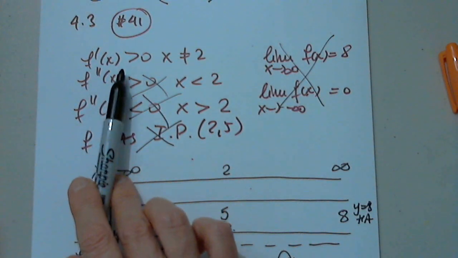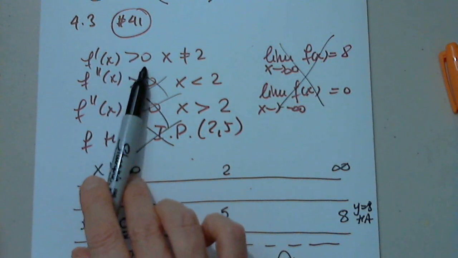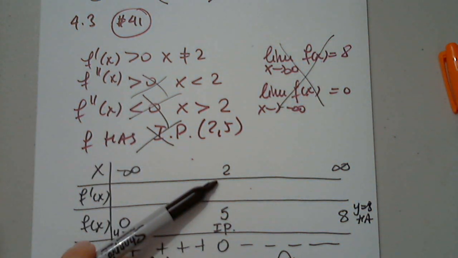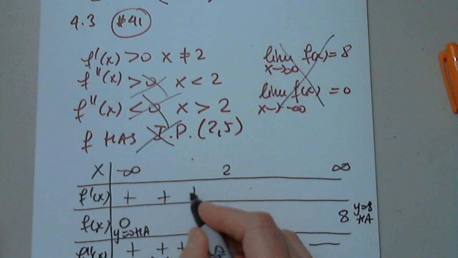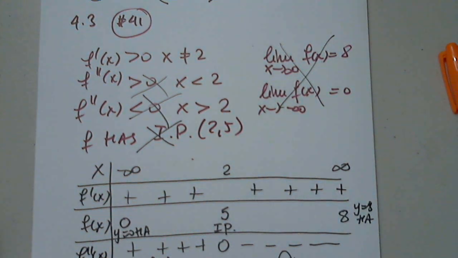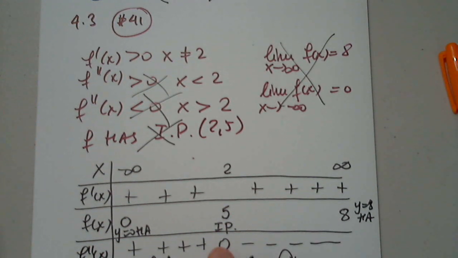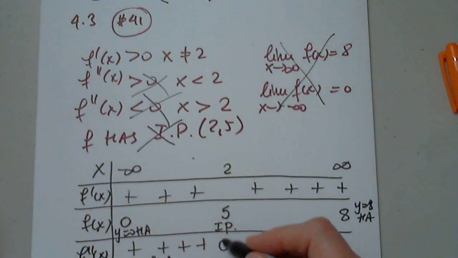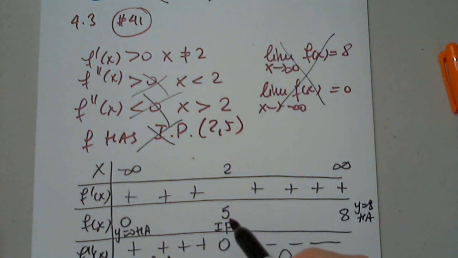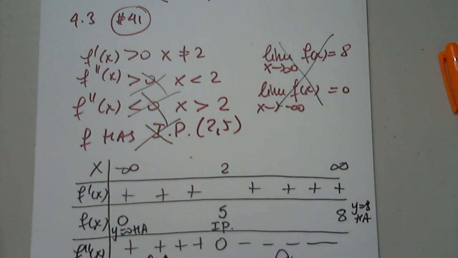And then the first derivative is positive always, except at 2. Could you go back? Never mind, I think I got it. I just wanted to verify why you put a 0 under the second derivative. You can also put undefined if that's what you want, but it doesn't matter. This is an inflection point.